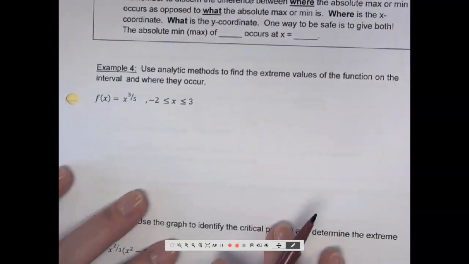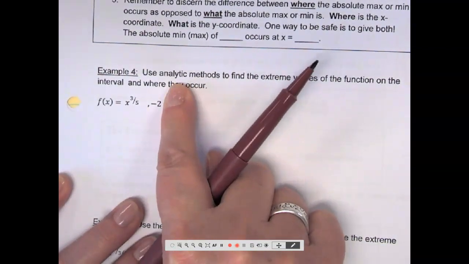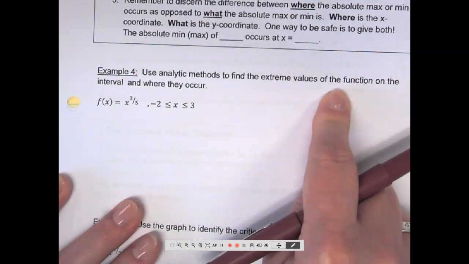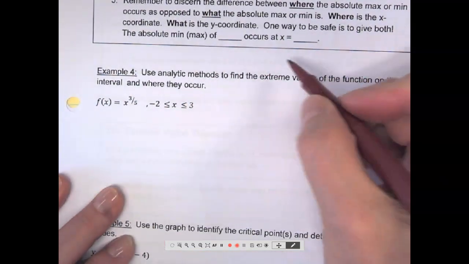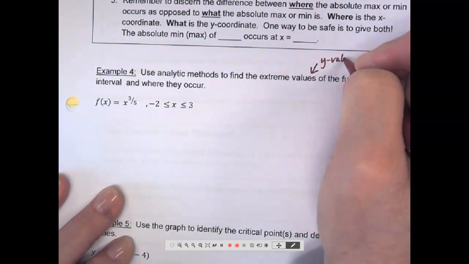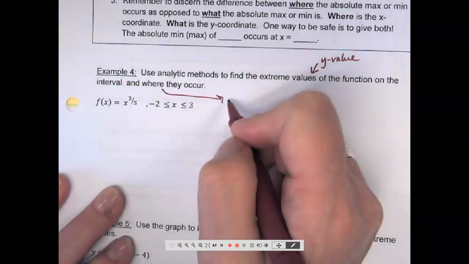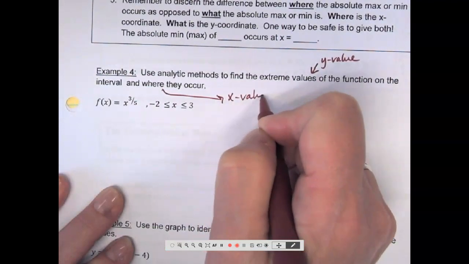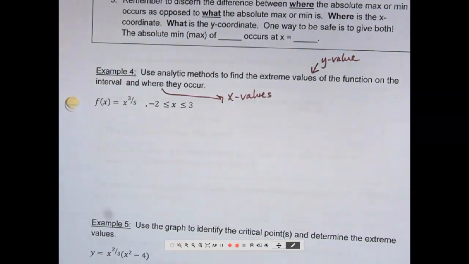Okay, so if I want to use analytic methods, aka algebra, to find the extreme values of the function on the interval and where they occur. So find the extreme values, that's the y, and where they occur, that's the x. So I'm basically looking for the entire ordered pair of maxes and mins.